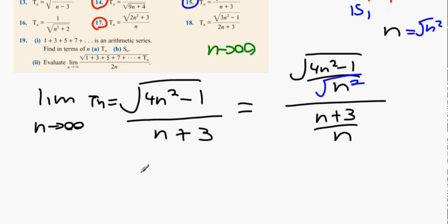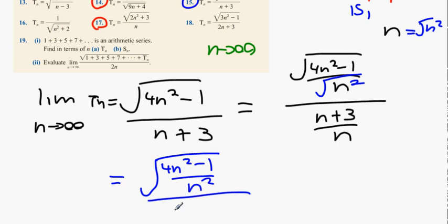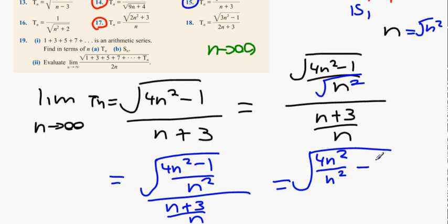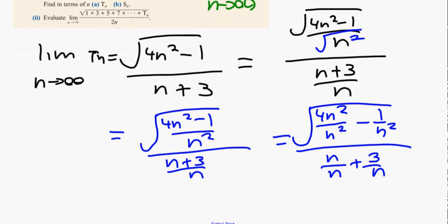Okay, and now we're going to break up the fraction. So we're going to have a square root of 4n squared minus 1 over n squared, and then on the bottom you're still going to have n plus 3 all over n. Let's break up the fraction. So it's going to be the square root of 4n squared over n squared minus 1 over n squared, and then it's going to be n over n plus 3 over n, and then as n approaches infinity we'll just cross off.